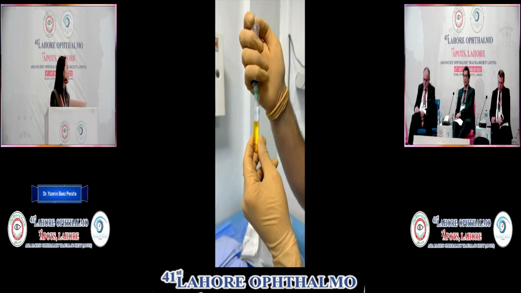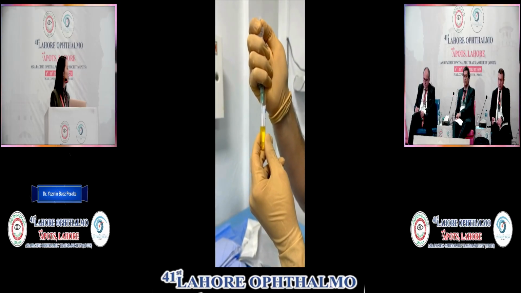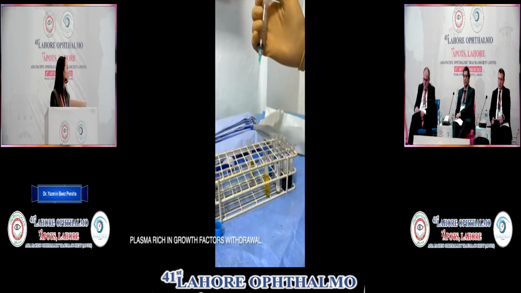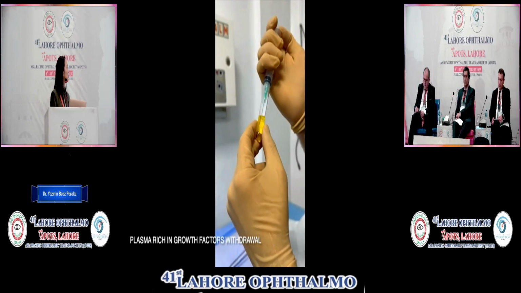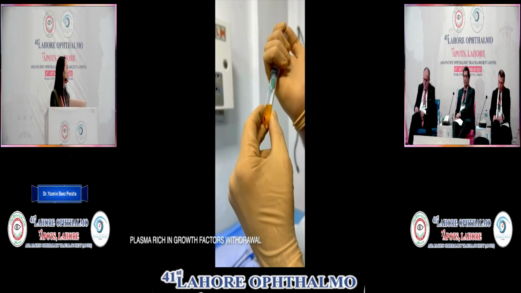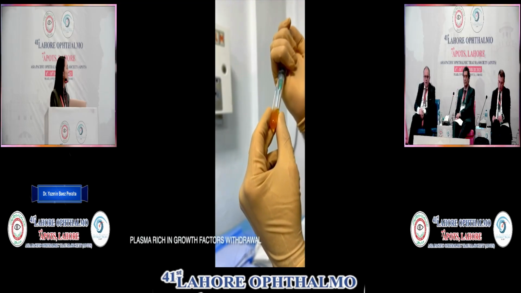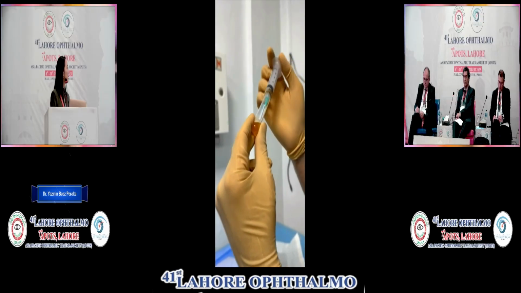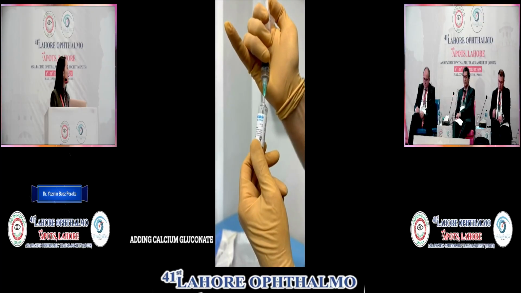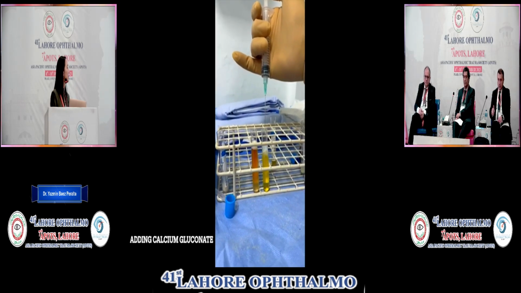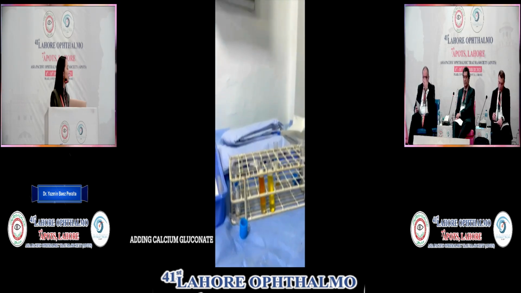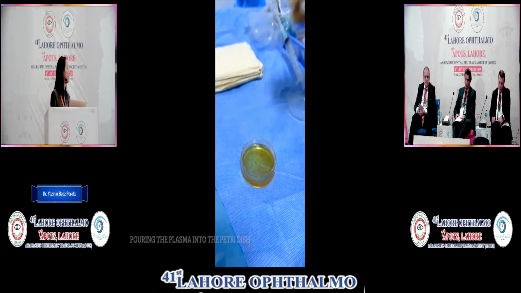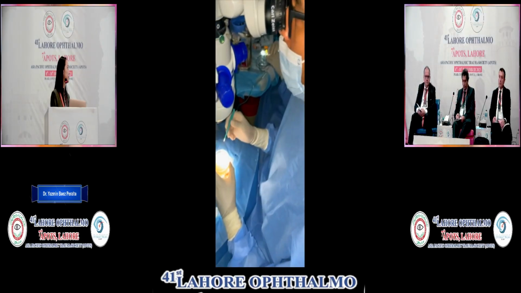Just take the first third and the charge, and the second third, we try to rupture the platelets and activate them. We add calcium gluconate, 1 milliliter for each tube. Then we wait 40 minutes before use.